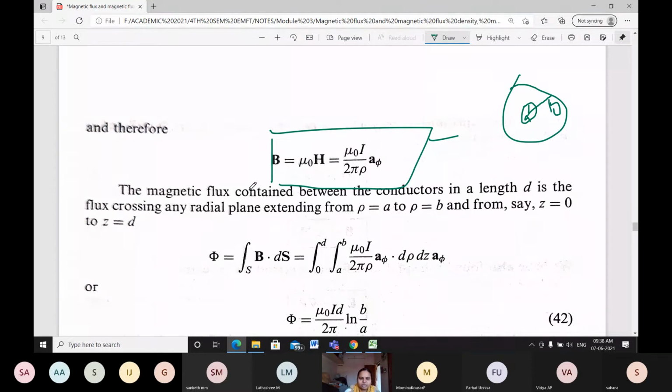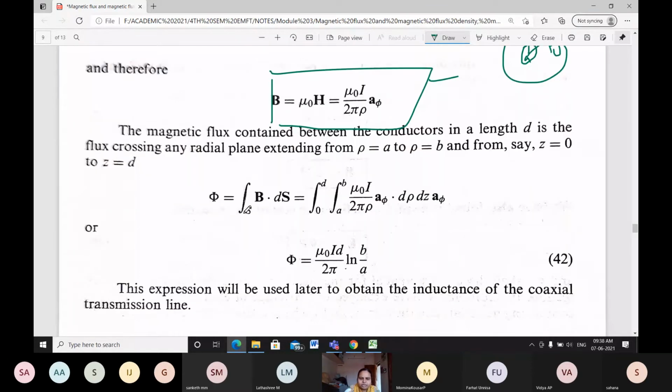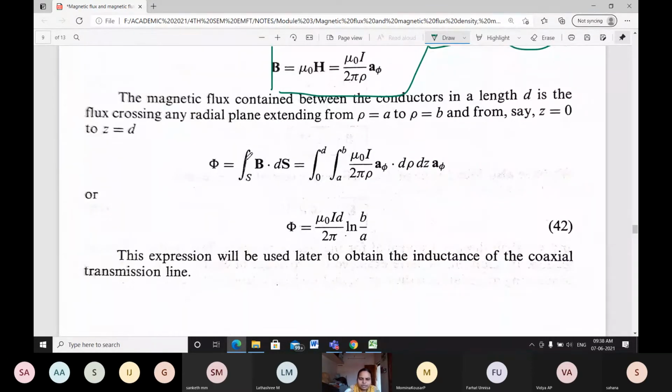Then the equation is phi equals the surface integral of B dot dS. Here the integration limits change: for rho it is a to b, and for z it is 0 to d, with length d. Substituting for B, mu naught I divided by 2 pi rho in a phi, with d rho dz in a phi, the unit vector as it is.